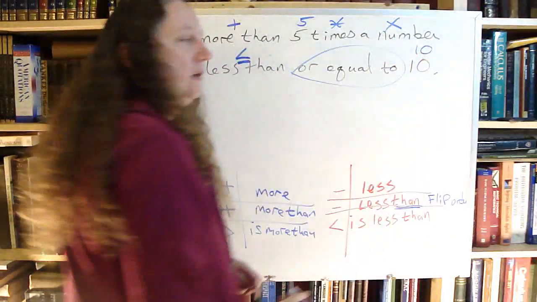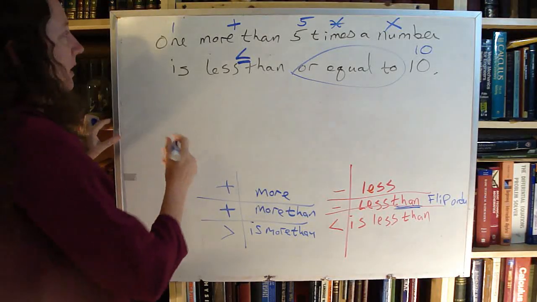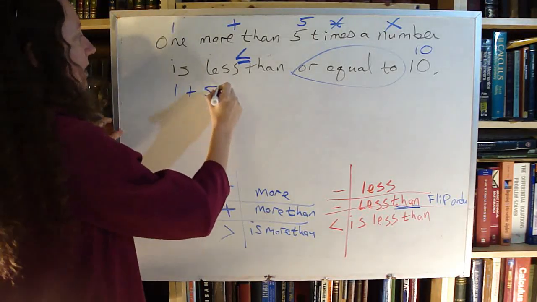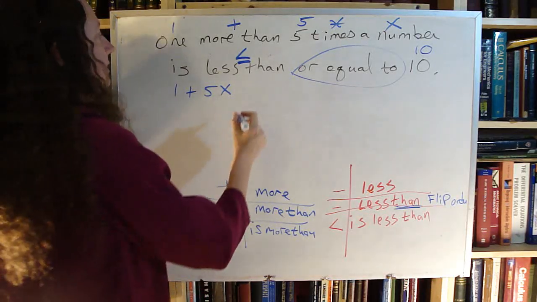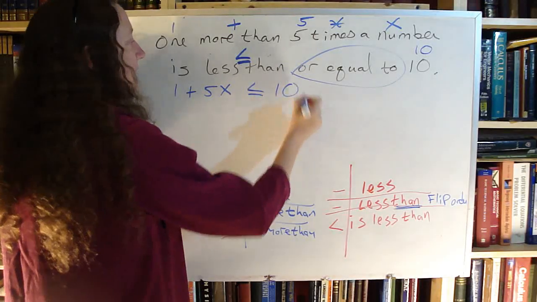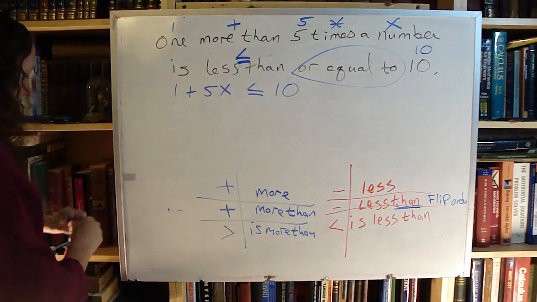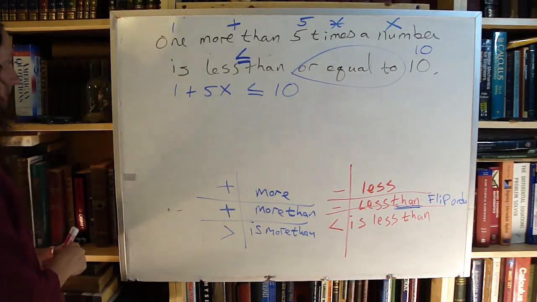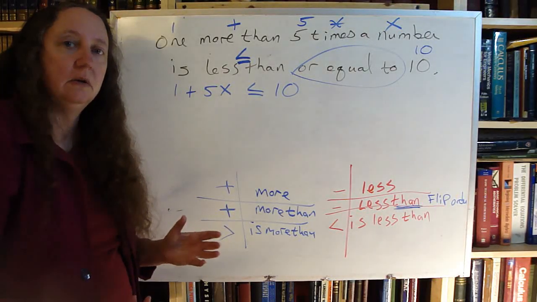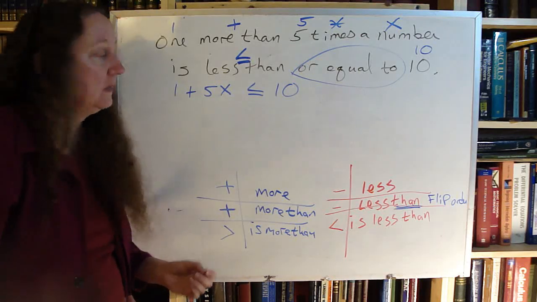And then 10 is just 10. So putting this all together, 1 plus 5 times x is less than or equal to 10. The translation is done. It's easier now.